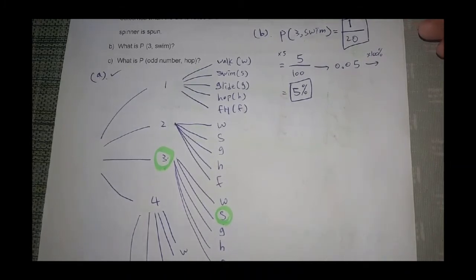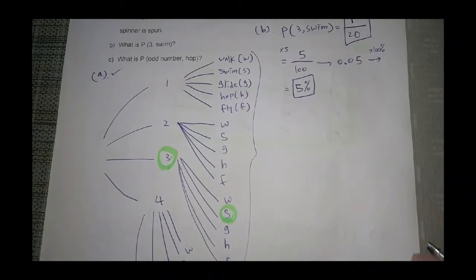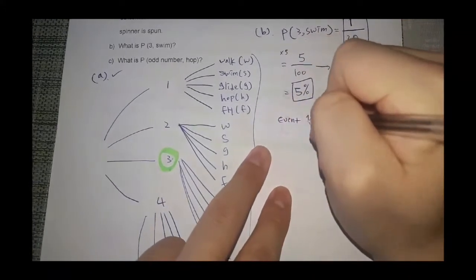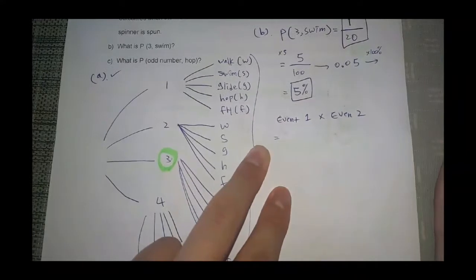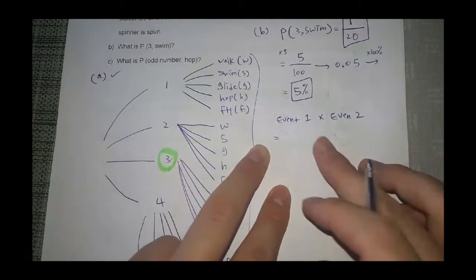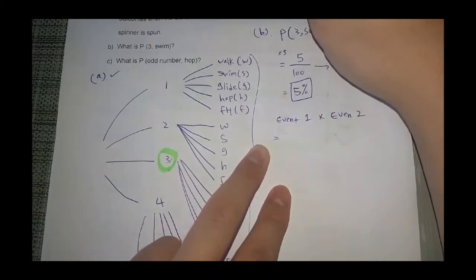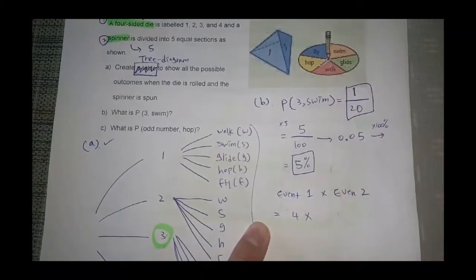Now, I'm going to tell you how we can find the total outcome without actually constructing a table or tree diagram. Here's what we do. Event 1 multiplied by event 2. This always gives you the total outcome. What I mean by that is, it really depends on the question though. The first event in this situation talks about a 4-sided die, so I have 4 total possibilities.